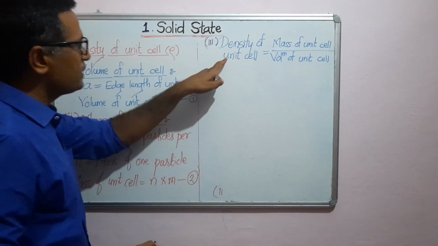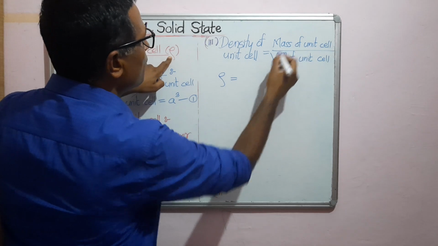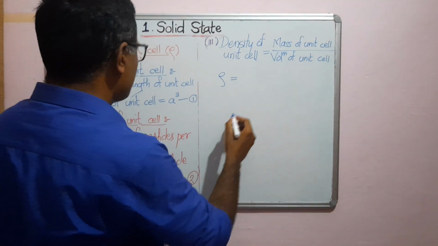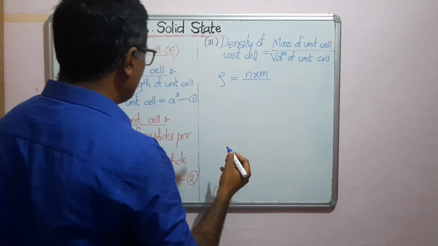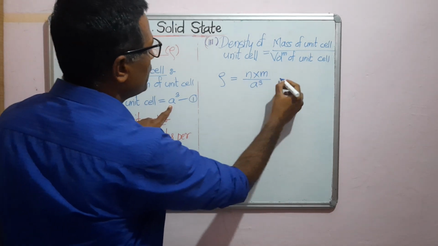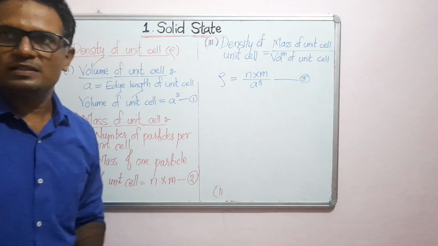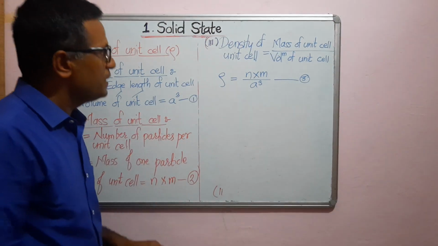This density is denoted by rho. From step number 2, the mass of the unit cell is n into m, upon the volume of the unit cell, and that is a cube. This is step number 3, equation number 3. So this is about the density of the unit cell.